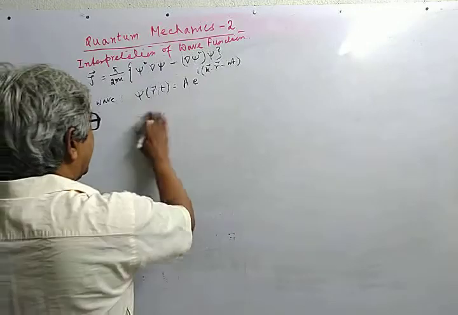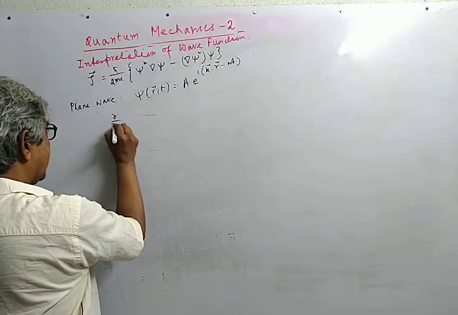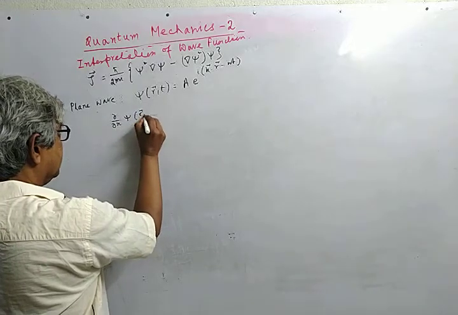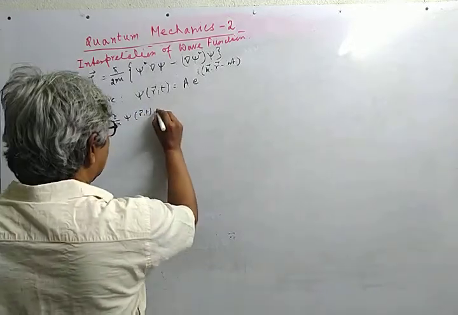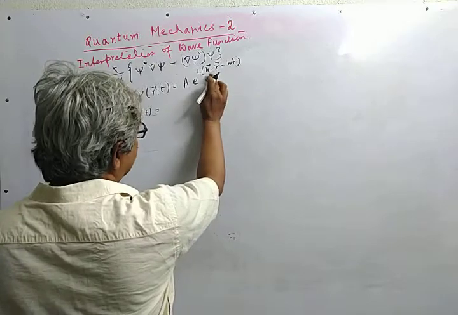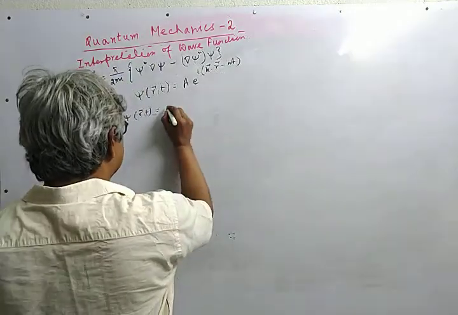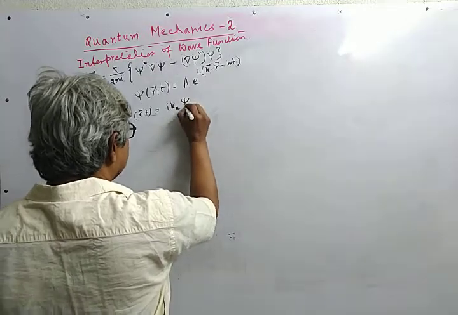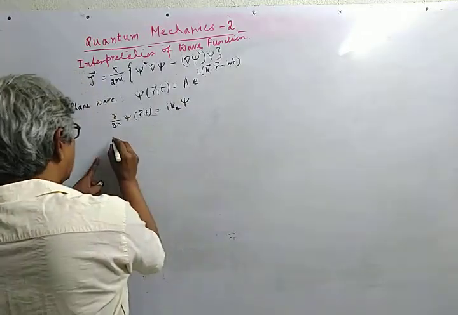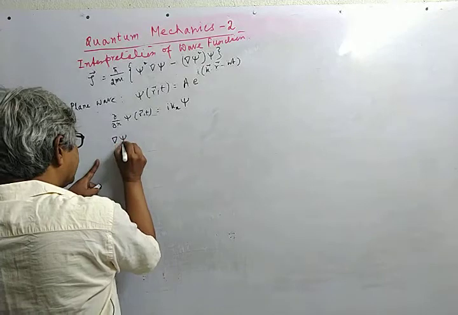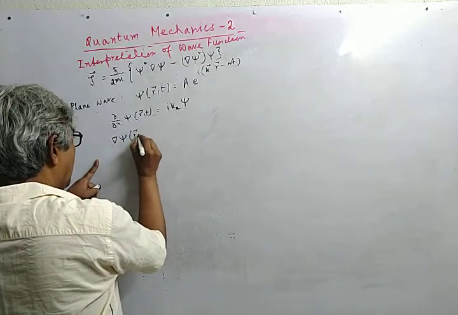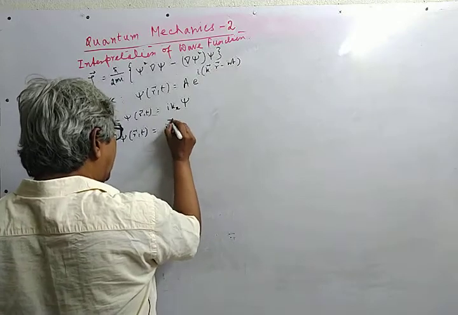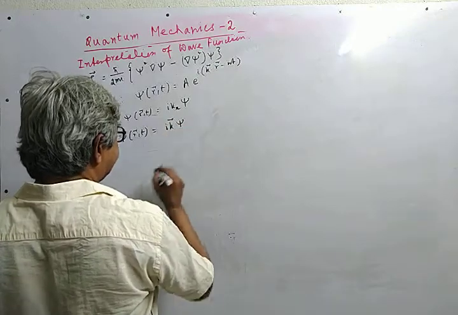If we operate del x on psi of r, t, this part is x k_x, and so this is i k_x times psi. So if we consider all the components, we come across that this is equal to i k times psi.